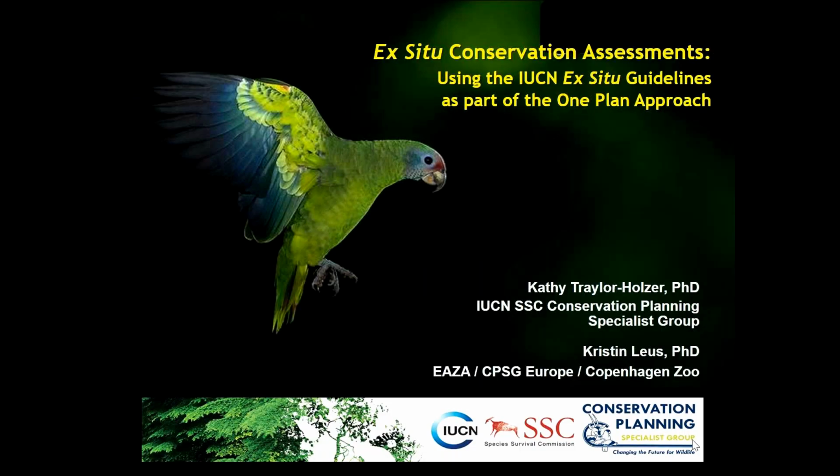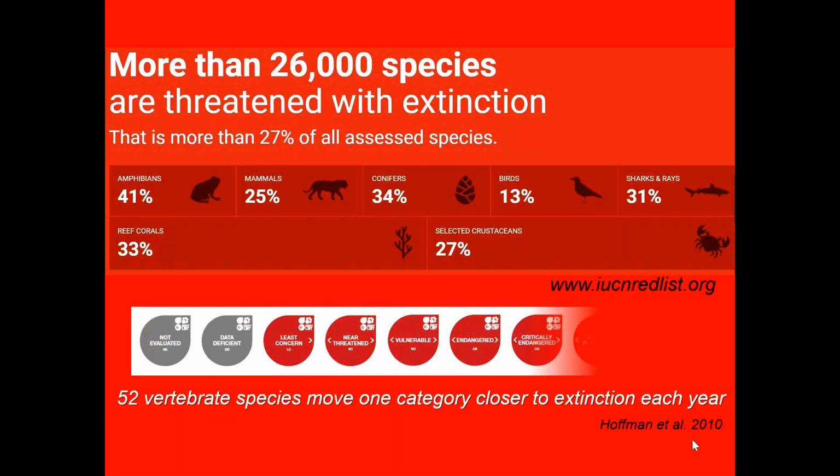In this presentation, I want to talk about different kinds of ways you can do XC2 conservation assessments, but they're all based on using the IUCN XC2 guidelines. And as I'm sure all of you on this call know, species are under considerable and increasing threat.